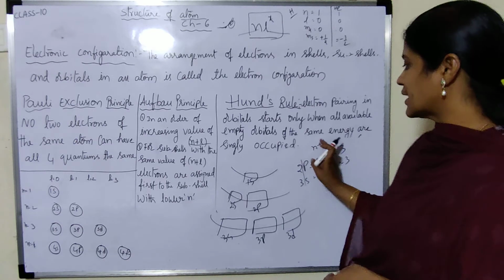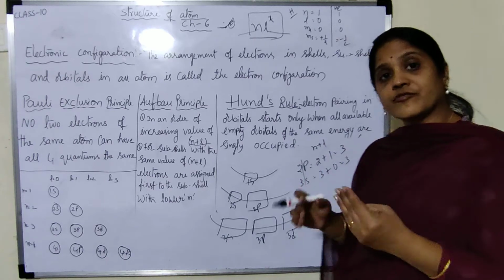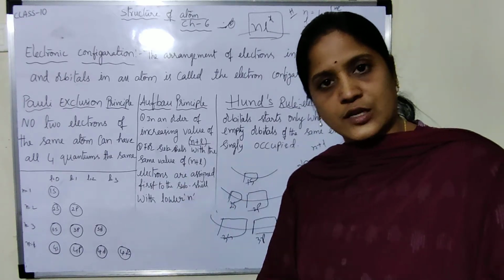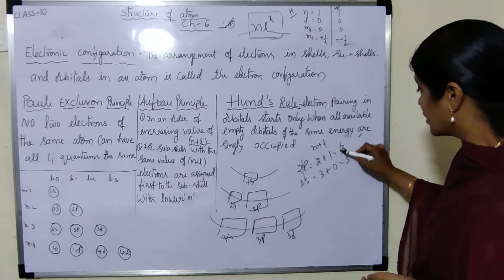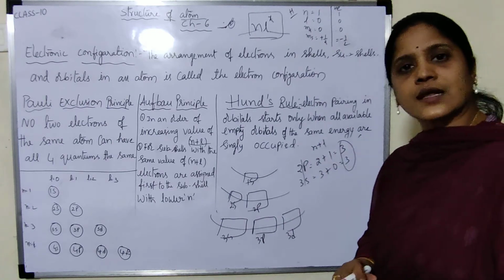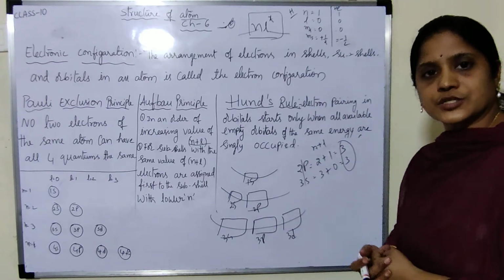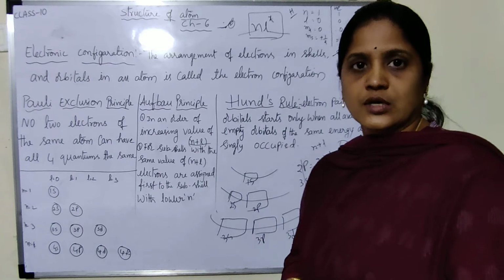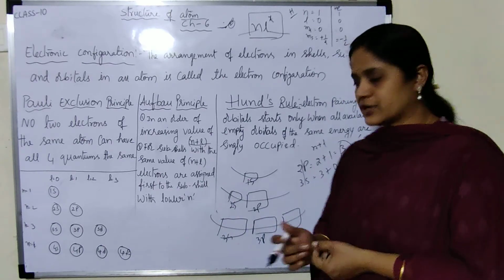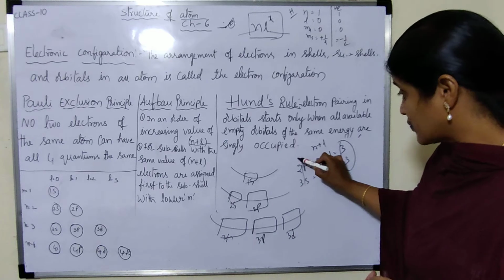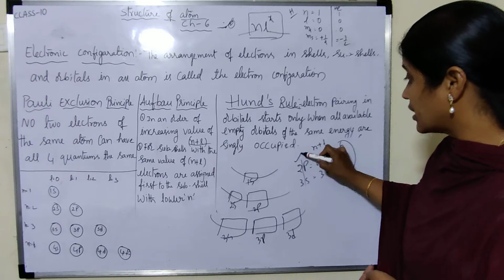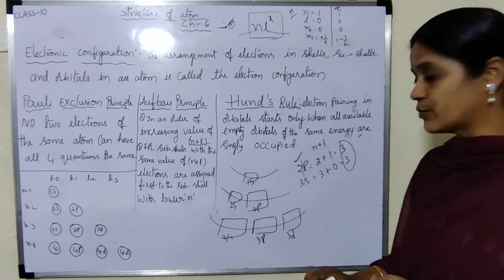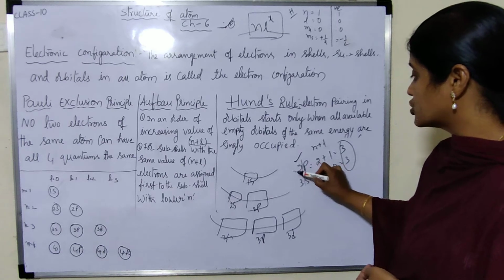So by using the n plus l method, we can find which has the lowest value, and first we have to fill the electron there. But here we got the same n plus l values. In that condition, which one do we select to fill the electron? For that, we take the lowest principal quantum number. Here the principal quantum number is 2 and here 3.